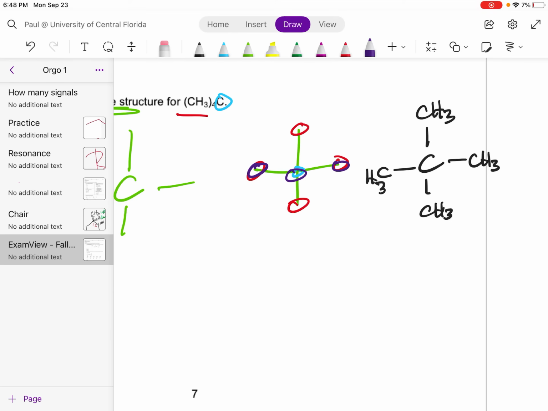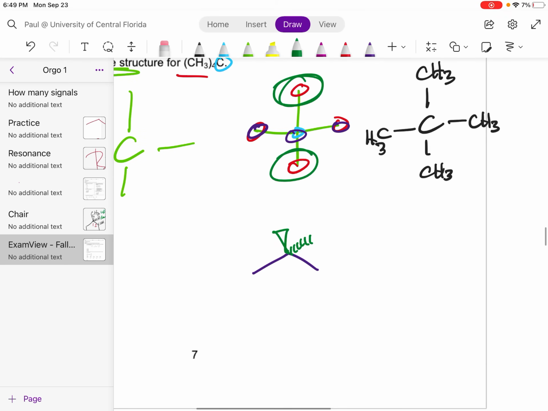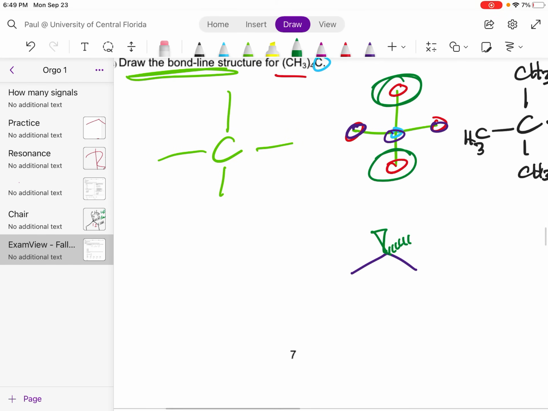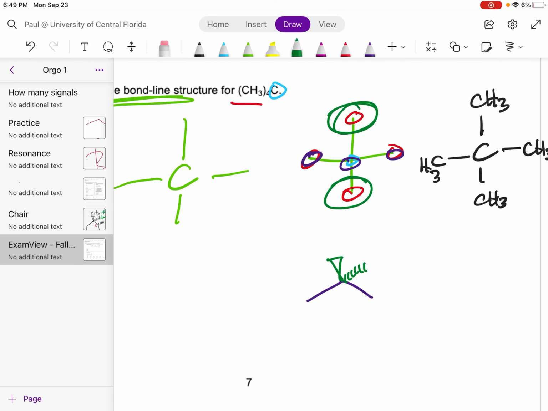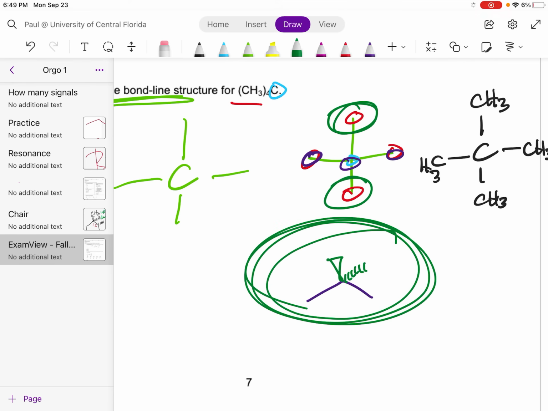So all you would do is go like this, draw our 3 carbons, and then let's highlight this one, would just be a wedge and a dash. So that's our bond line structure right there, showing the 3-dimensional shape of it. 1, 2, 3, 4, yeah, just like that. So that is the most correct of the answers right there.